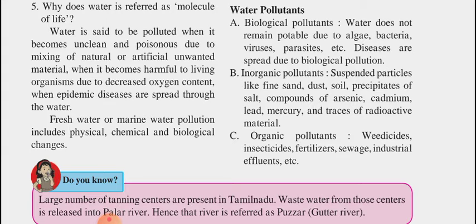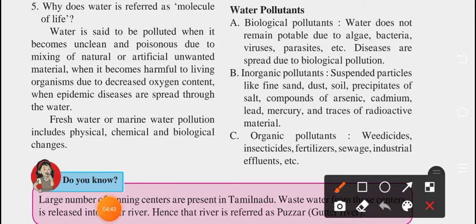Dust also enters the water, and fine sand, compounds of arsenic, cadmium, lead, mercury, all this enters the water through the soil. So we can say these are the inorganic pollutants. Through this also water gets dirty and polluted.